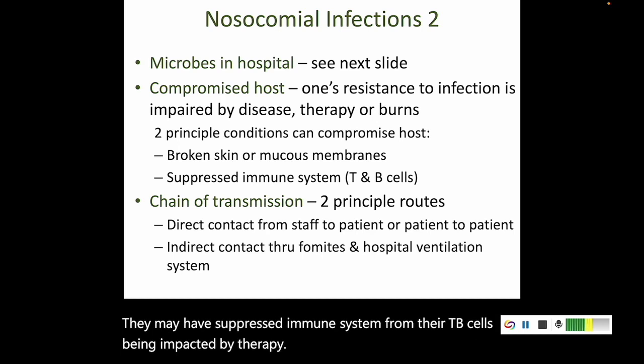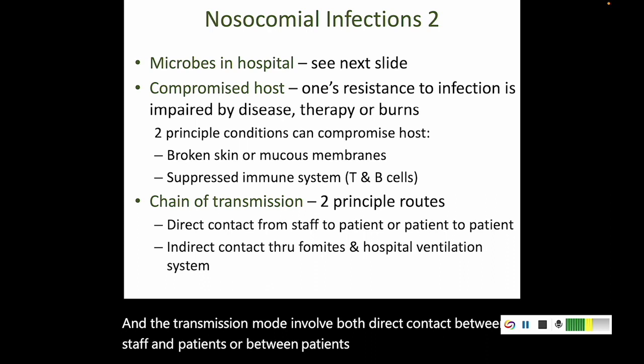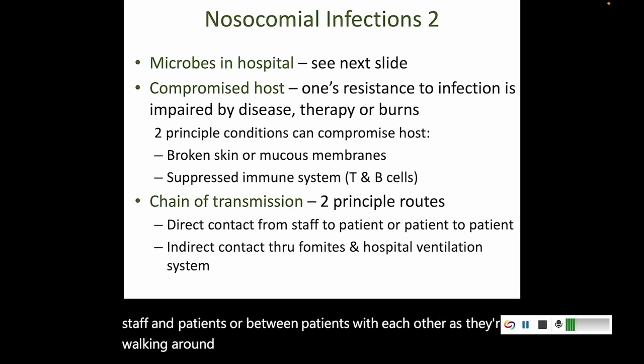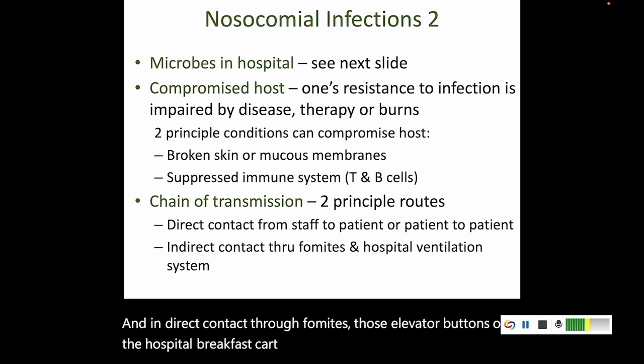And then transmission would involve both direct contact between staff and patients, or between patients with each other as they're walking around the hallway, and indirect contact through fomites like those elevator buttons or the hospital breakfast cart and the ventilation system blowing the same air through everyone.